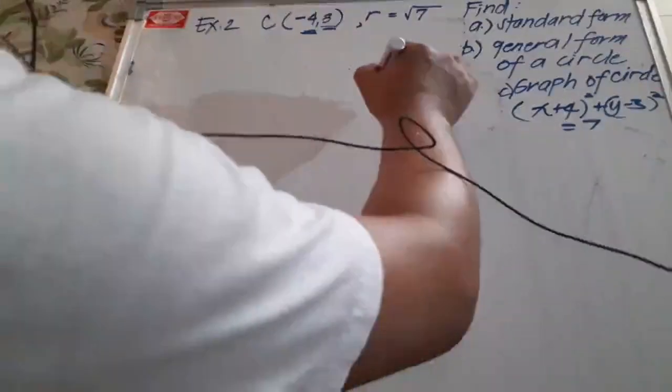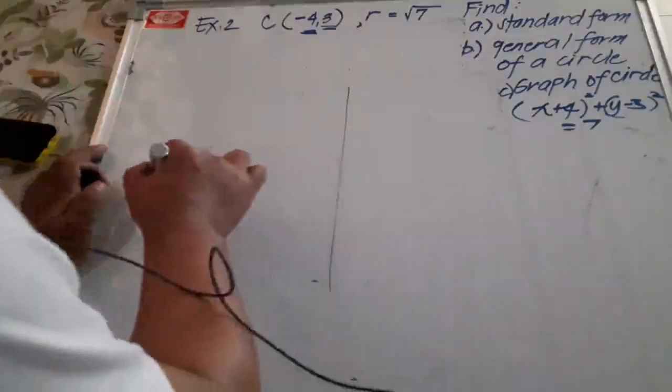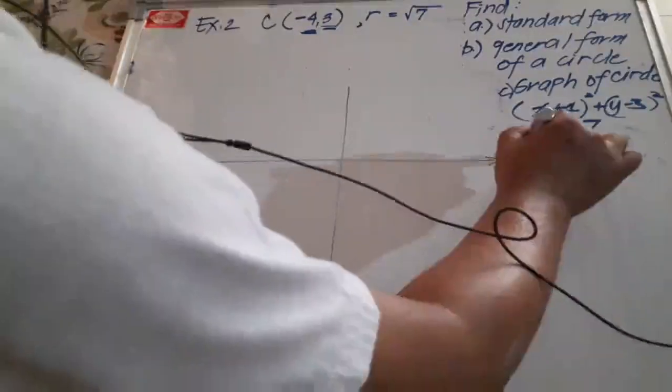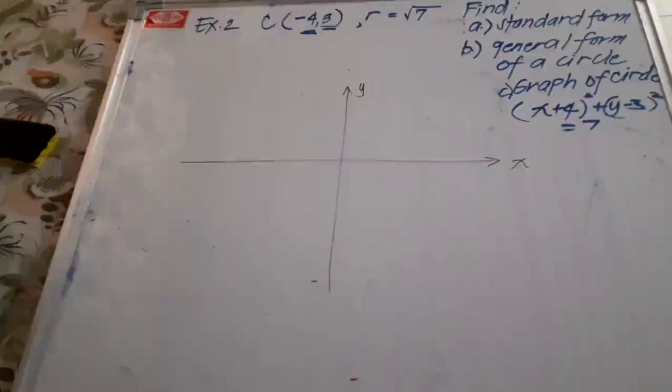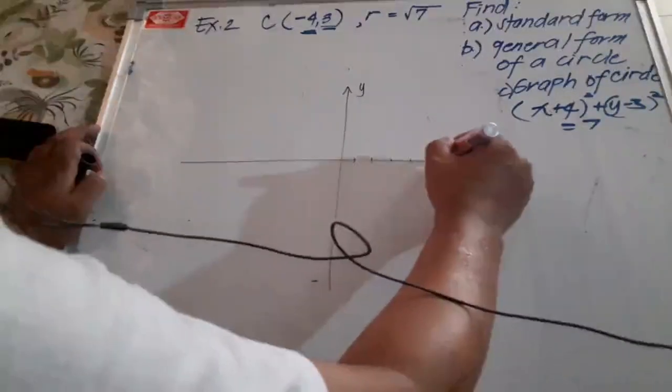So, locate muna natin yung center ng circle. Lagay muna pala tayong scale. So, we have 1, 2, 3, 4, 5.